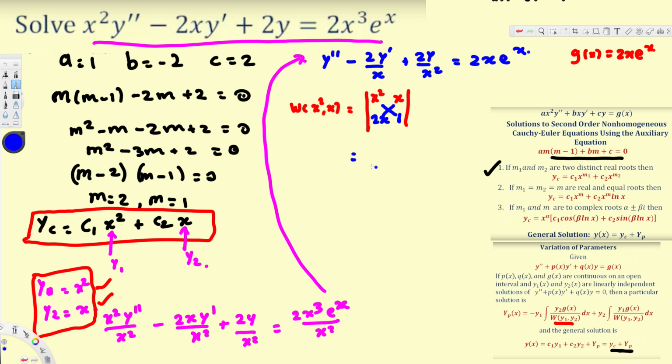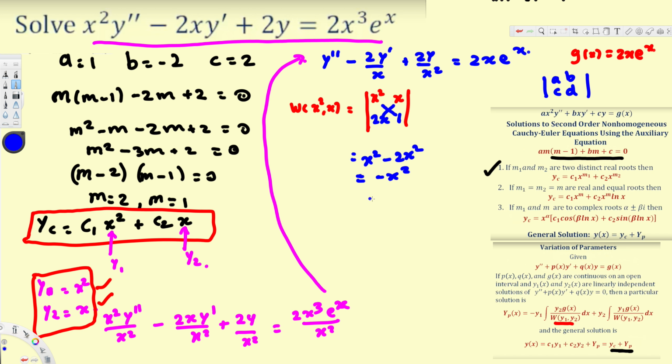So AD is x square, minus BC is 2x square. AD minus BC, x square minus 2x square, that's going to give you minus x square. Okay, when we have A, B, C, D, AD is this one minus BC. So this is our Wronskian.